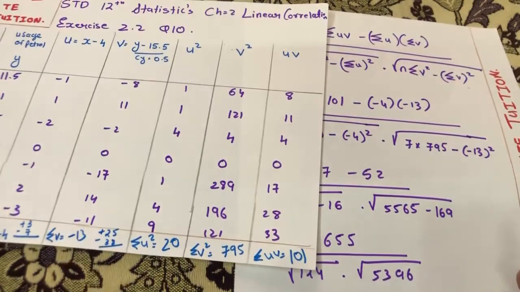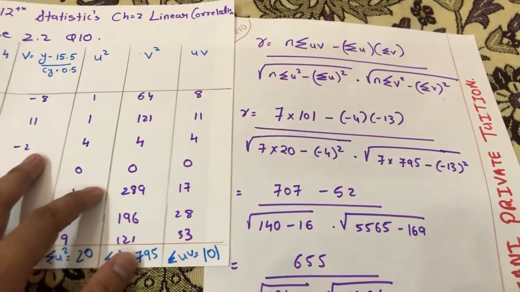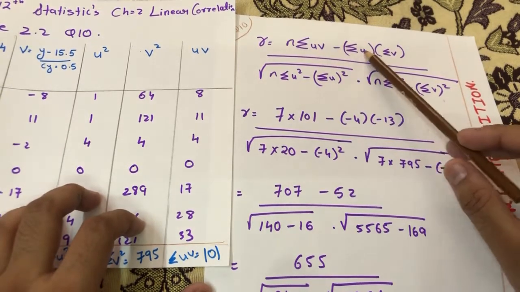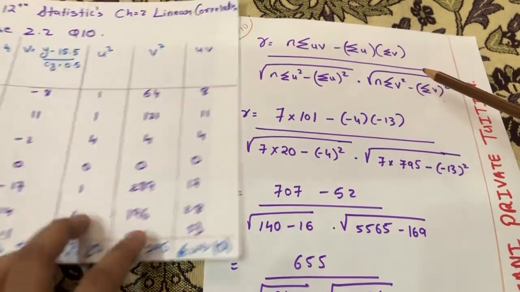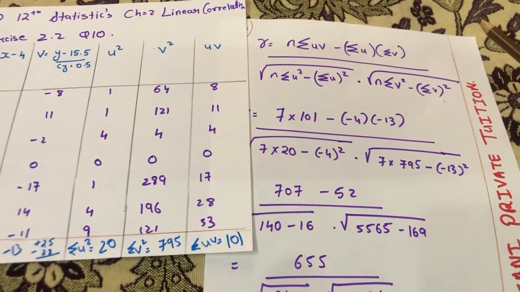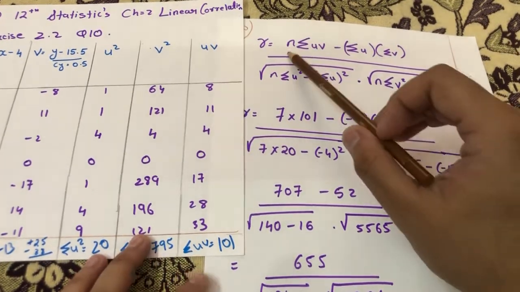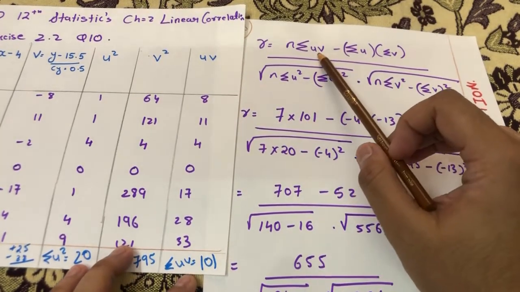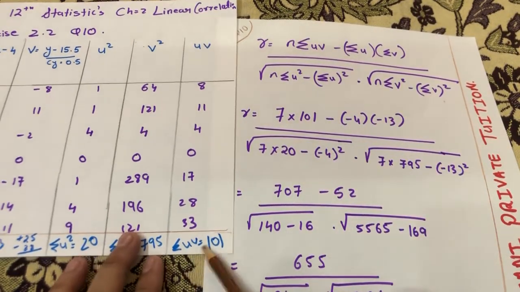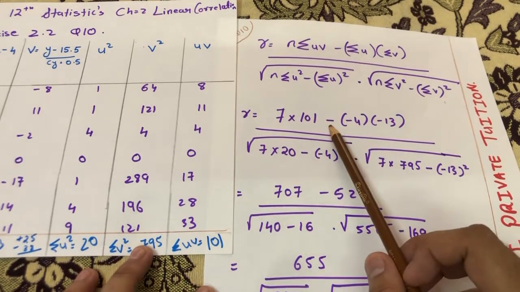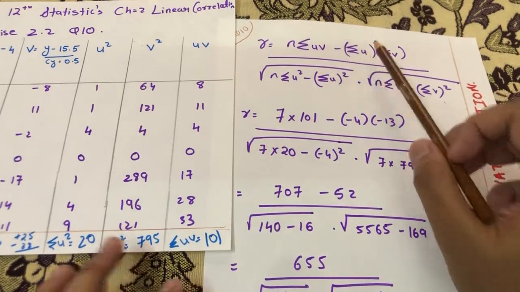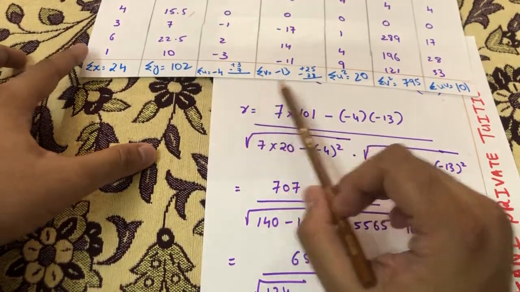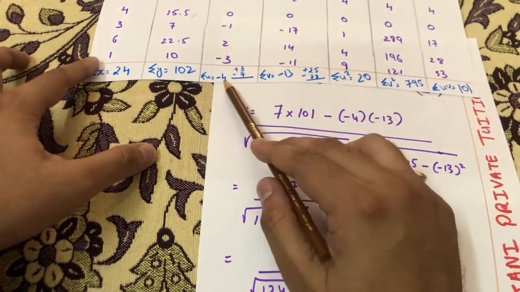See, the formula I had already written over here. This is Karl Pearson's third formula, that is sigma UV. So let us arrange the digits. N will be 7, that is mentioned in the sum. Summation UV, see here, this is the summation UV, 101, minus summation U. See here, the summation U is minus 4.